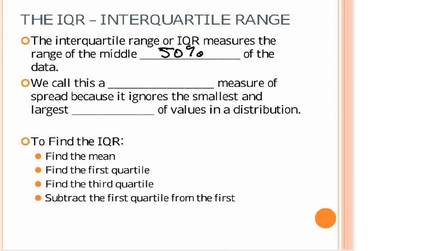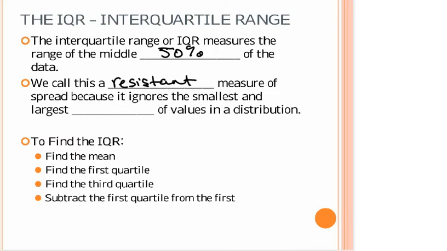We call this a resistant measure of spread because it ignores the smallest and the largest values in a distribution, the extreme values.